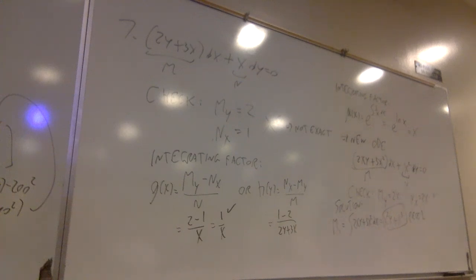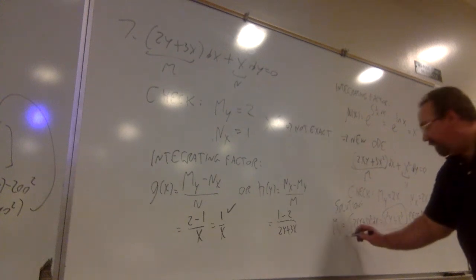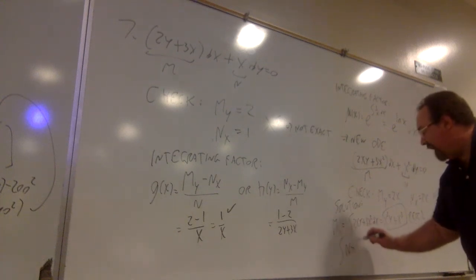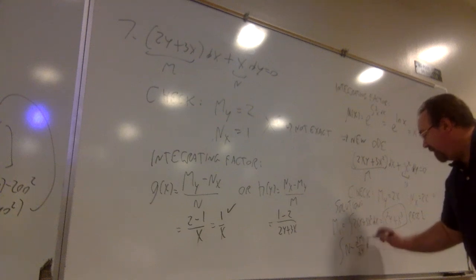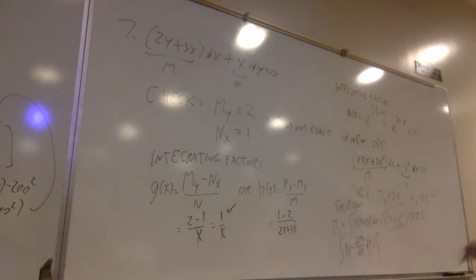For piece number 2, you have the integral of N minus the derivative of the M integral with respect to y, dy. Your N is just x squared. You take the derivative of the first piece with respect to y, but the only y is here, so the derivative with respect to y is just x squared.